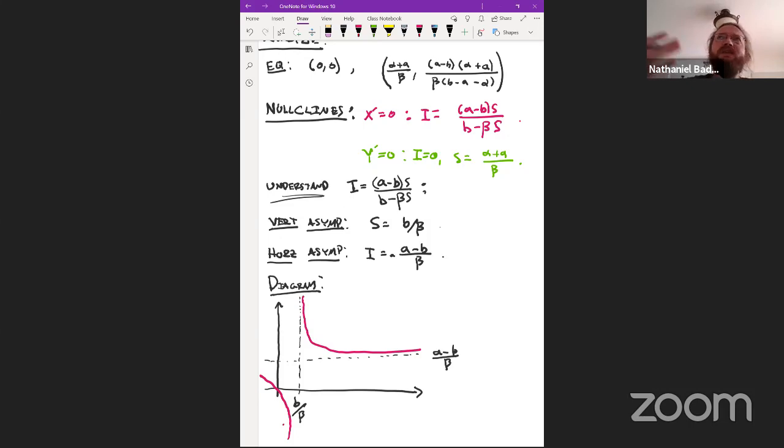Otherwise, we would like to think the population dies out, right? If the natural growth rate is negative and we have disease going on, then in theory all the possums should die out, and there's nothing to worry about.